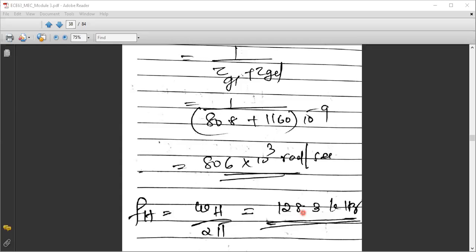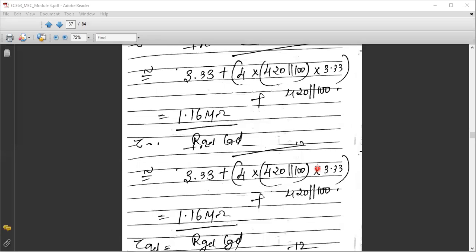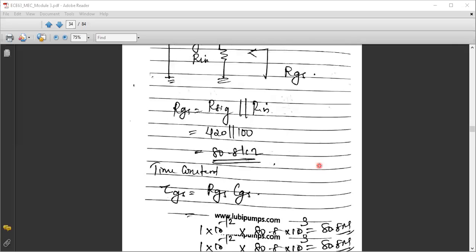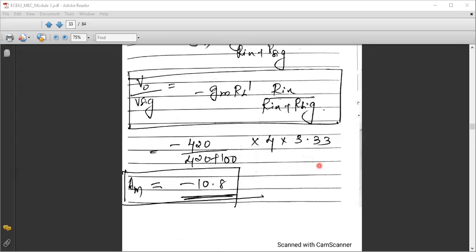That is the significance of this particular frequency. Till this frequency, the gain will be constant, and that gain is nothing but your mid-band gain. What is the gain? 10.8. This was the gain that we obtained till 128.3 kilohertz.